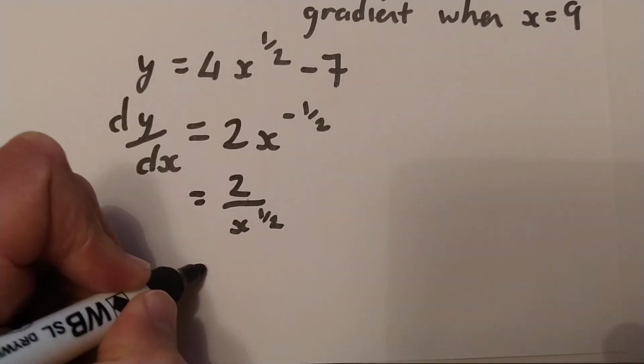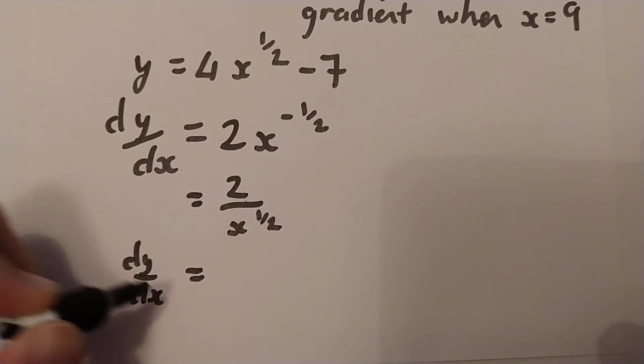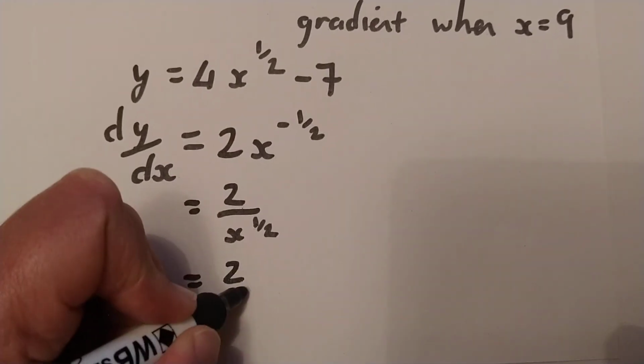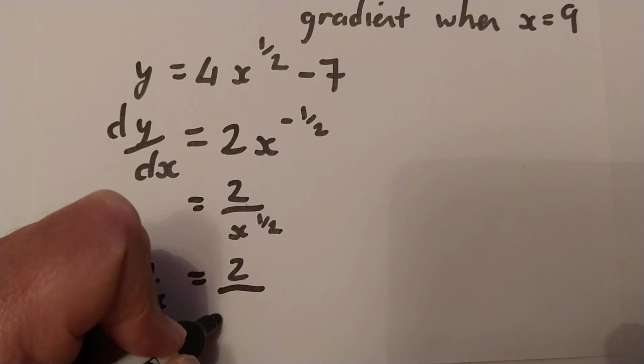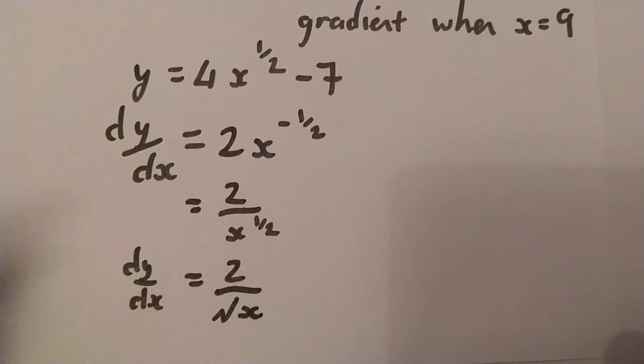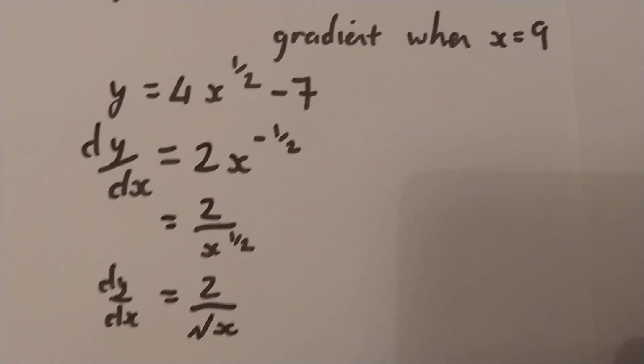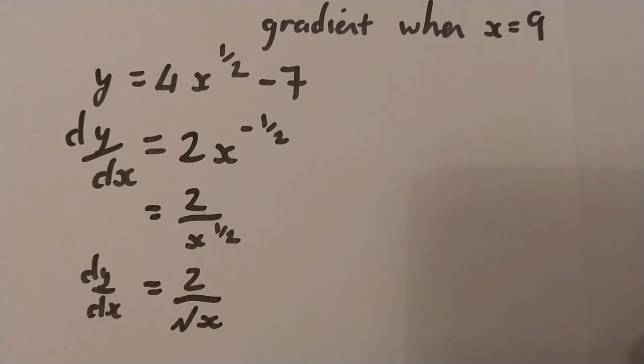Oh, but that equals, my gradient equals 2 over x to the half, which I know means root, square root of x. Now I can substitute in any value I want and hopefully can work it out.